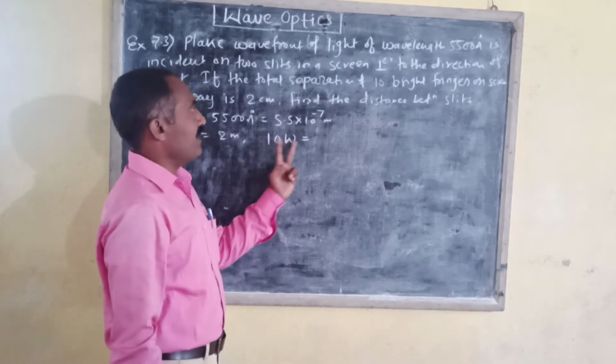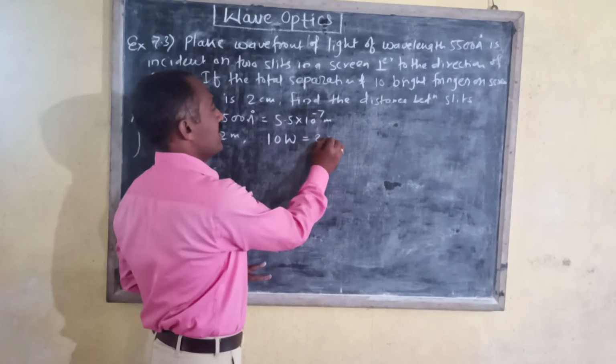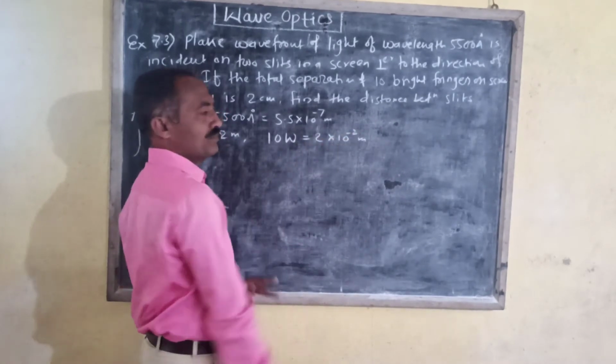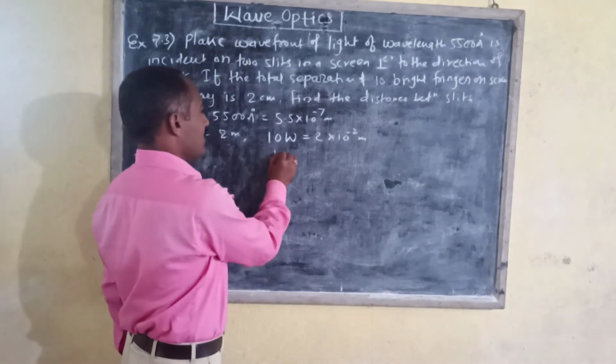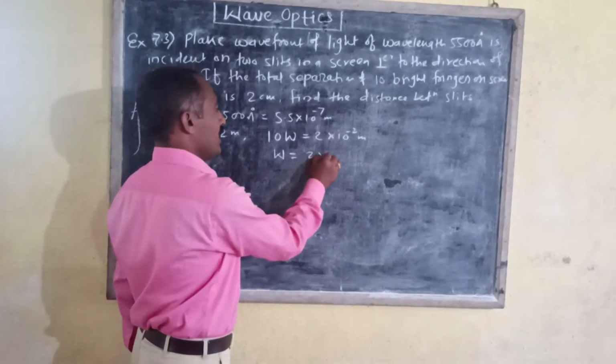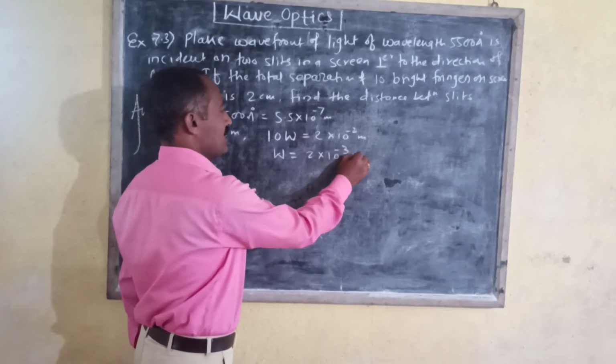The width of 10 fringes is given as 2 centimeters, that means 2 into 10 to the power minus 2 meter. So we get the fringe width is equal to 2 into 10 to the power minus 3 meter.